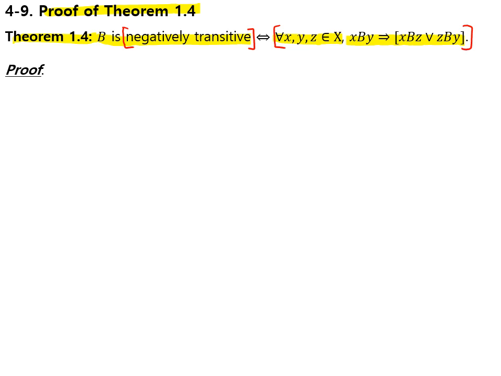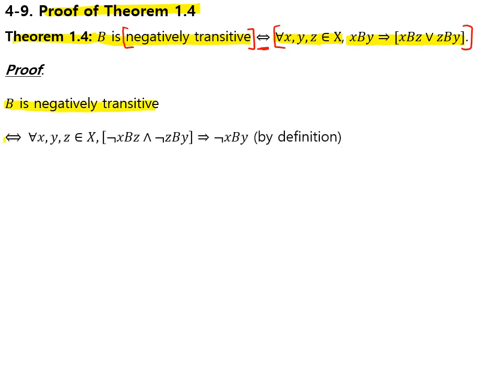Okay, it's trying to show that they are logically equivalent. So to do this, we'll go through a series of biconditional proofs by supplying and substituting logical equivalences, and so forth. All right. So suppose that the binary relation is negatively transitive.